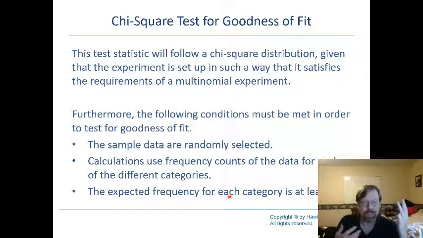So if my expected probability was 1 in 10 for one thing, I would need to do at least 50 experiments, because then I could reasonably expect at least 5 values that met that.